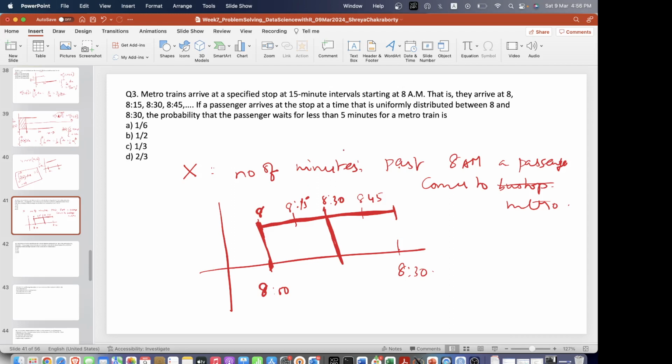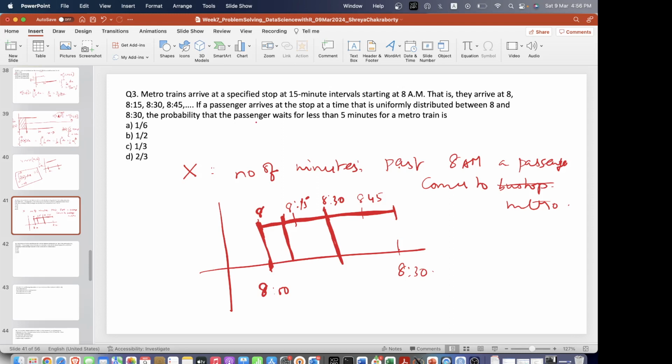So a passenger waits for less than 5 minutes for a metro train. This will happen only when the passenger arrives any time from 8:10 to, let's say, 8:15.